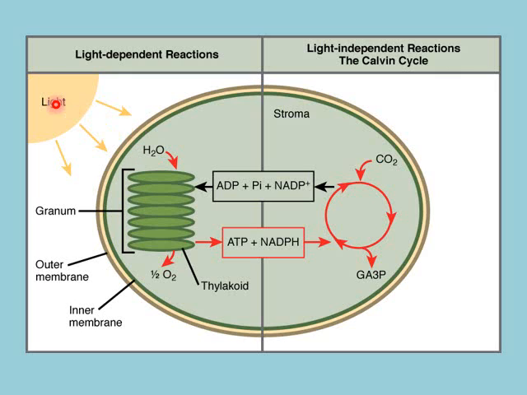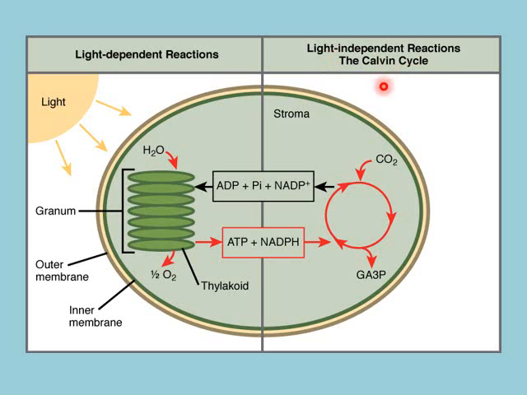And basically with the help of the energy of light, these thylakoid membranes are going to be able to break down a water molecule, producing oxygen, but ripping off some electrons and holding on to them to create ATP and some other intermediate molecules. So ATP and this NADPH, which we'll talk about more in lecture, these molecules are created by ripping the electrons from your water molecule.